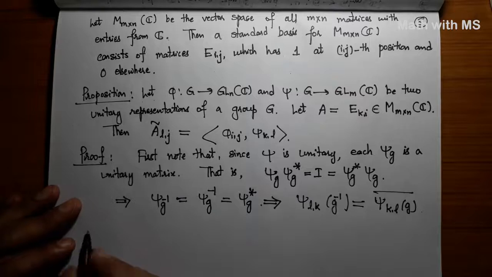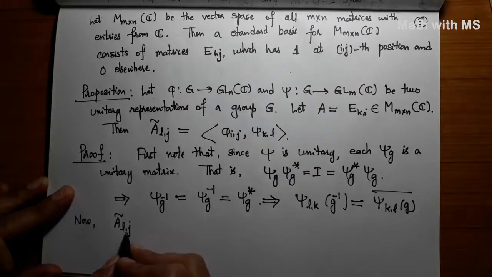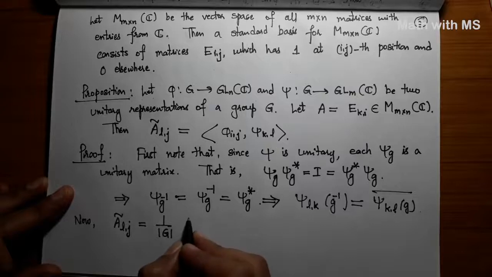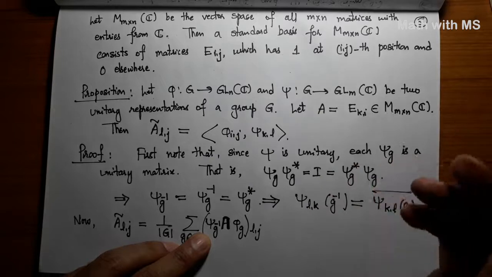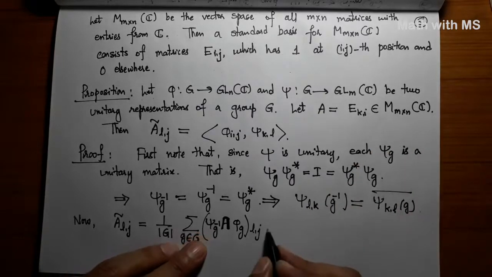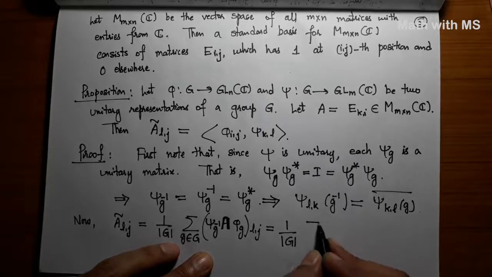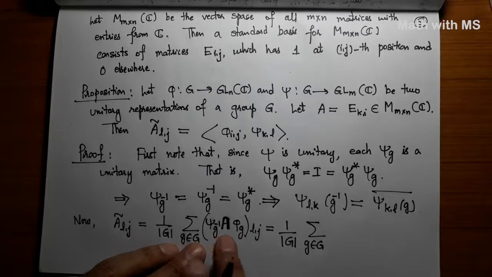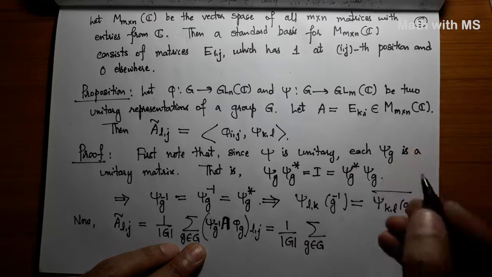Now let us compute A tilde_lj. We know the formula for A tilde, and A is this matrix E_ki, which has 1 at the kith entry and 0 everywhere else. You can easily check that you can write it as 1 over the order of the group G, summation over g in the group G, of the ljth entry of three matrices where the middle matrix is one of these E's.